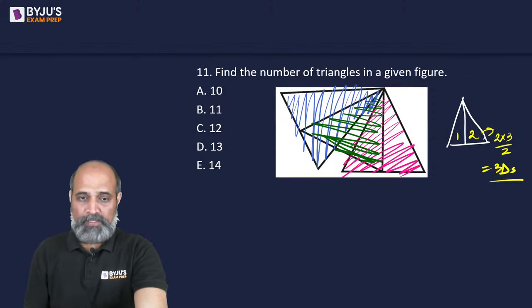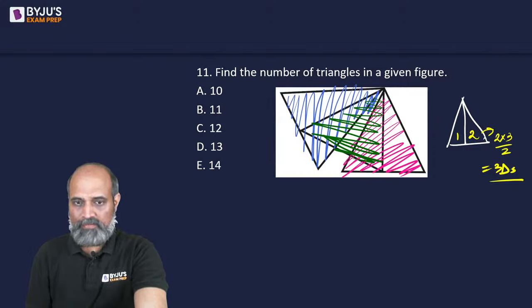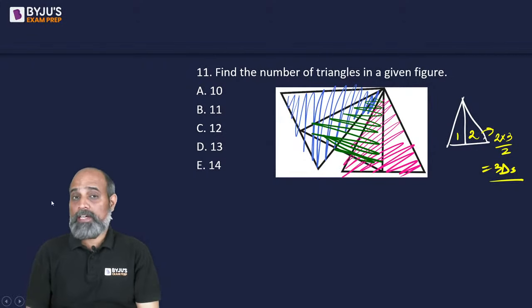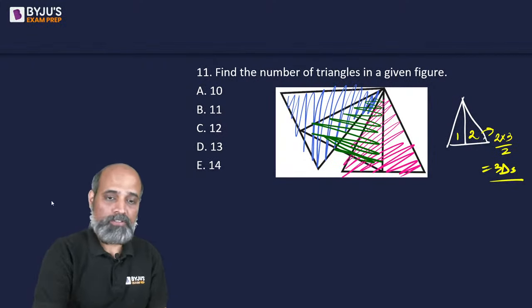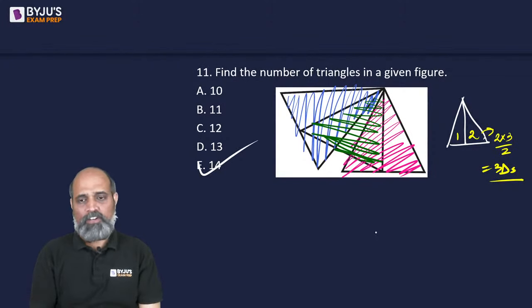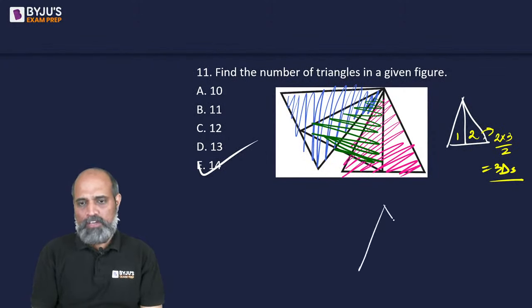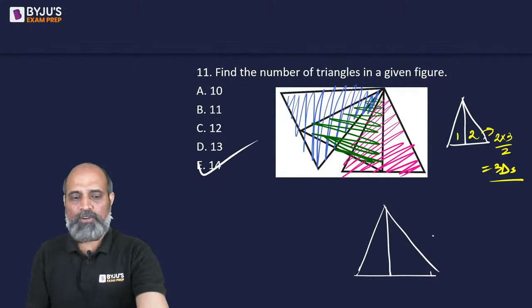It's very simple. A lot of you have answered it correctly. Good. So there are 14. 14 कैसे होंगे? So if I take the right hand side वाला triangle, I'm going to have 3 triangles here, right? Okay.